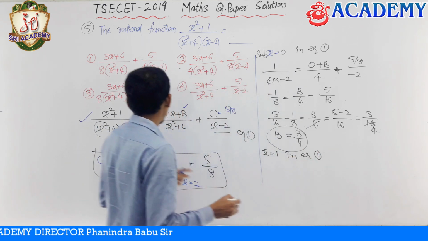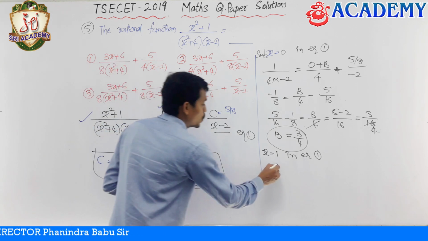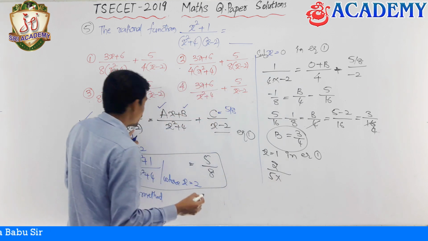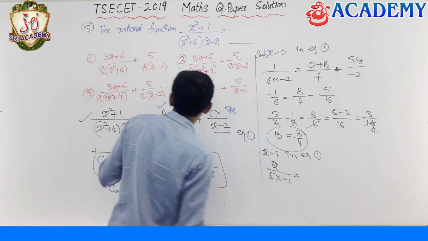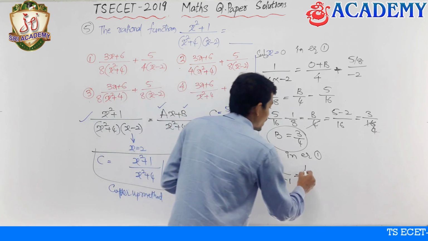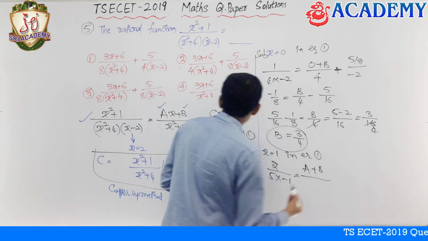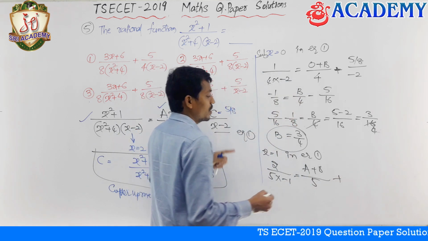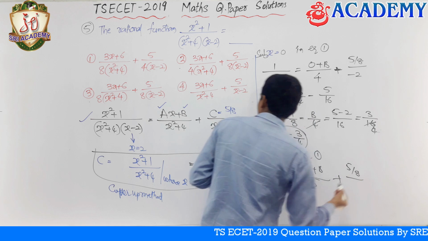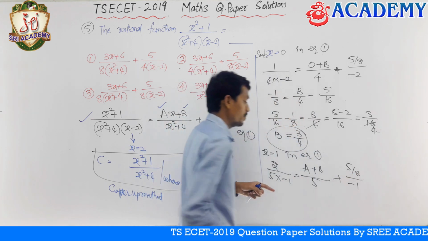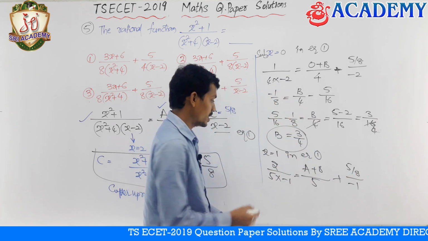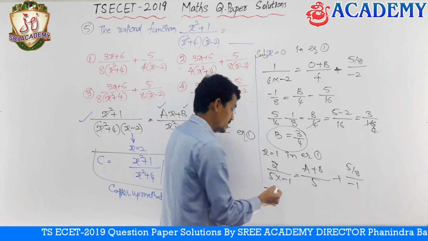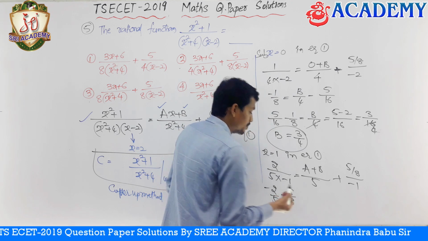Now substitute x equal to 1, that is 1 plus 1 is nothing but 2 divided by 1 plus 4, that is nothing but 5, into 1 minus 2, that is minus 1, equal to a plus b divided by 1 plus 4, that is nothing but 5, plus c equal to 5 by 8 divided by 1 minus 2 is nothing but minus 1, right? b also we can substitute here. This is a minus 2 by 5. I am checking this one, it's going to be plus 5 by 8.